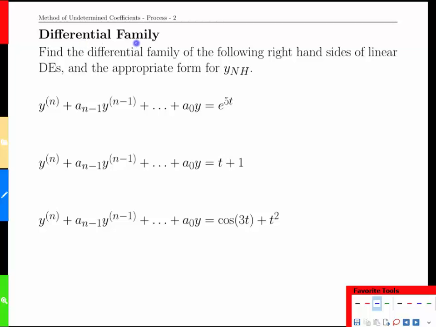Going back to that idea of the differential family, which again is the functions or a set of functions on the right-hand side and its derivatives.